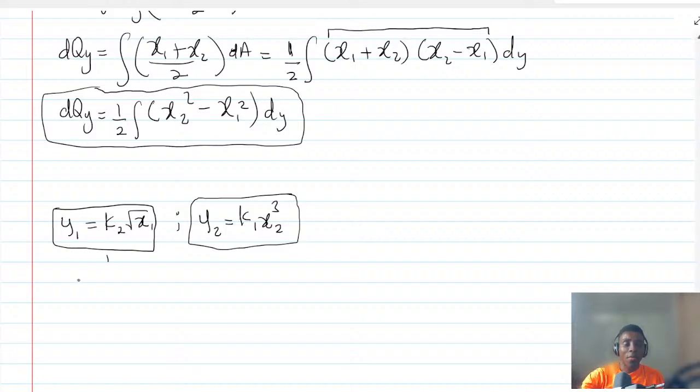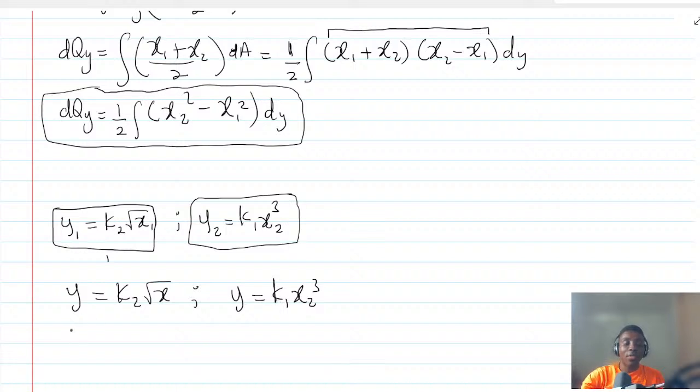From here, y equals k2 square root of x, and y equals k1 x cubed.